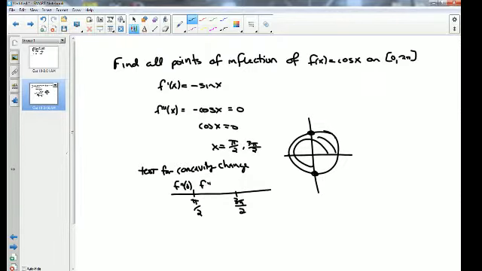Again, always pick easy values. So negative cosine at 0, negative, right? Negative 1. Negative cosine at pi is positive 1. And at 2 pi, we're back at negative, right? So those are points of inflection because there's a sign change in the second derivative. A concavity change, right? Good?